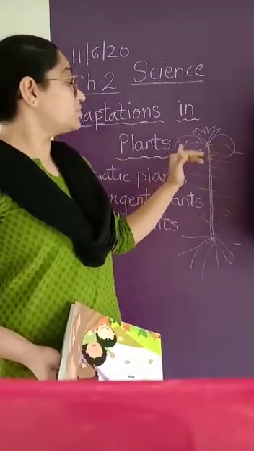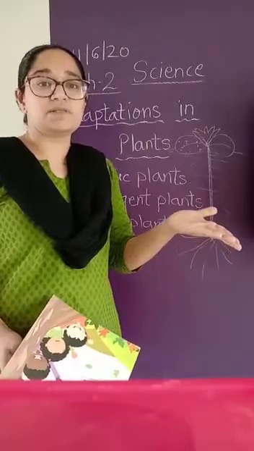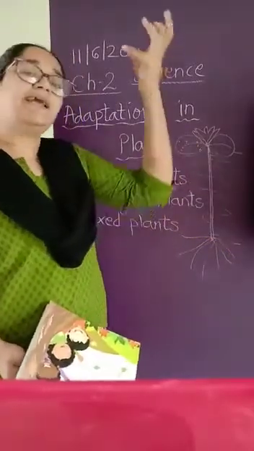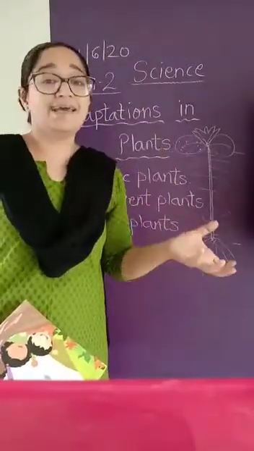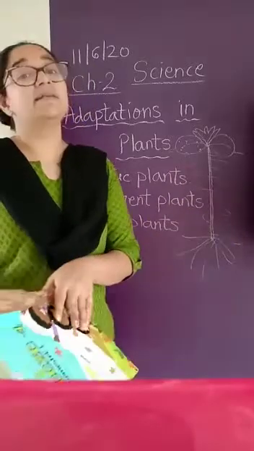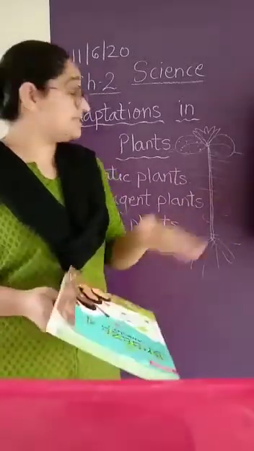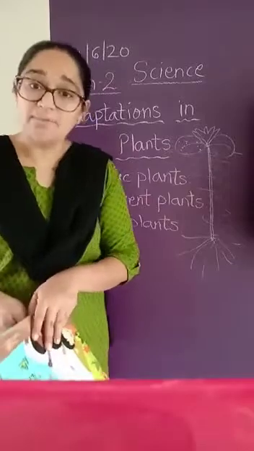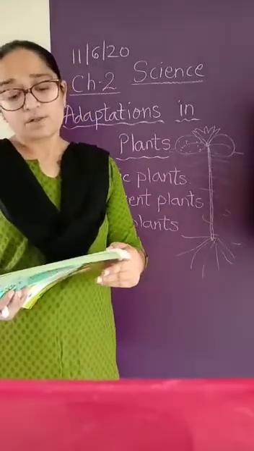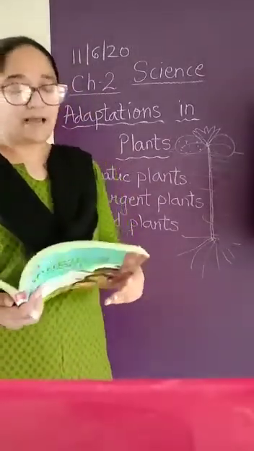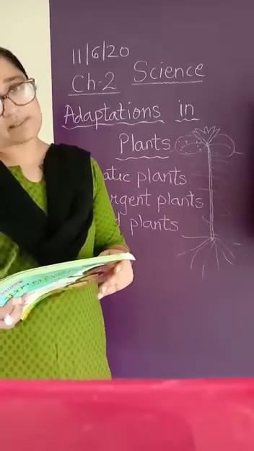Then it has stomata on the upper side of the leaves so that they can take carbon dioxide from the air directly. These are the adaptations, the changes that the lotus plant has made. So the leaves have stomata on the upper side instead of the lower side.